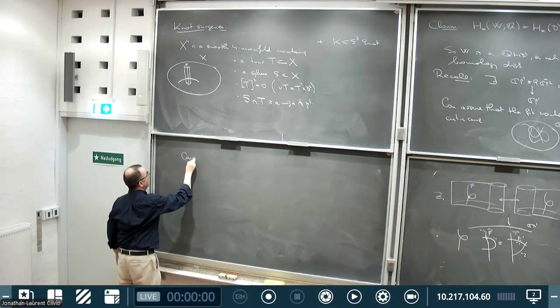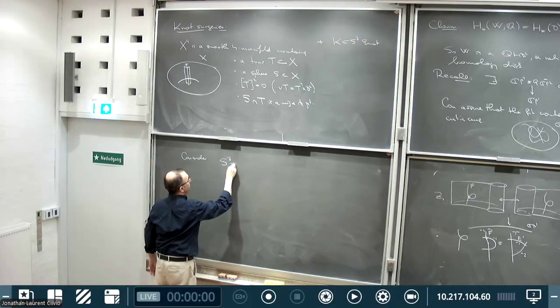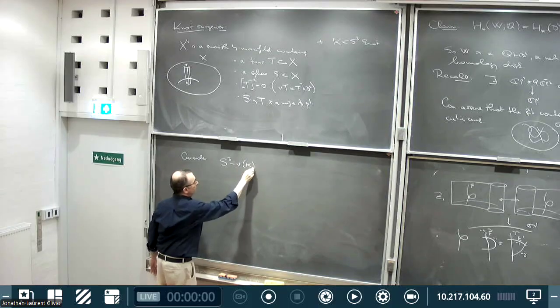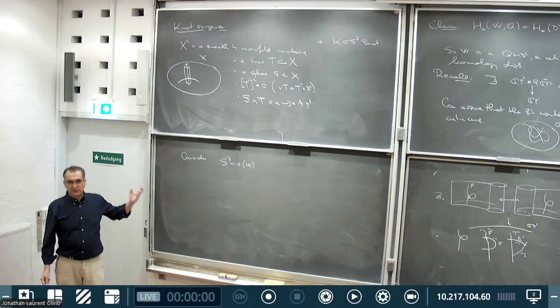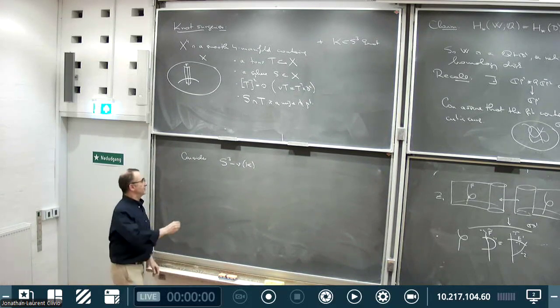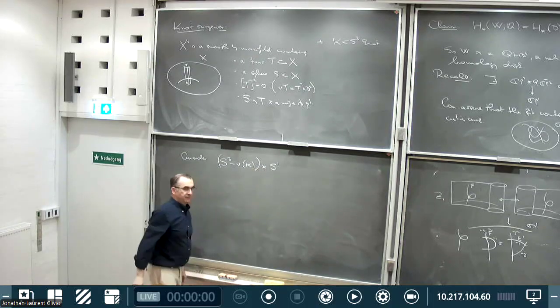Consider the three-manifold S3 minus an open tubular neighborhood of the knot. This gives you a three-manifold with T2 boundary. Well, we cannot do much with the three-manifold in this four-dimensional setting, so we just promote it to a four-manifold by multiplying it with S1.